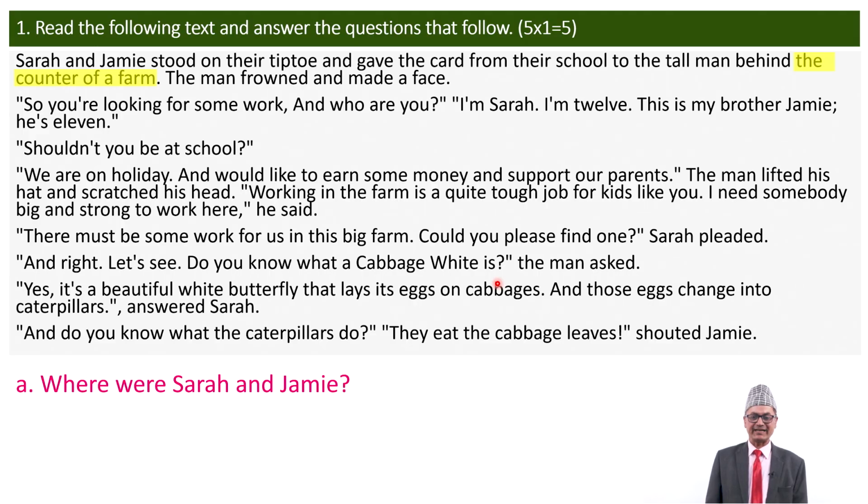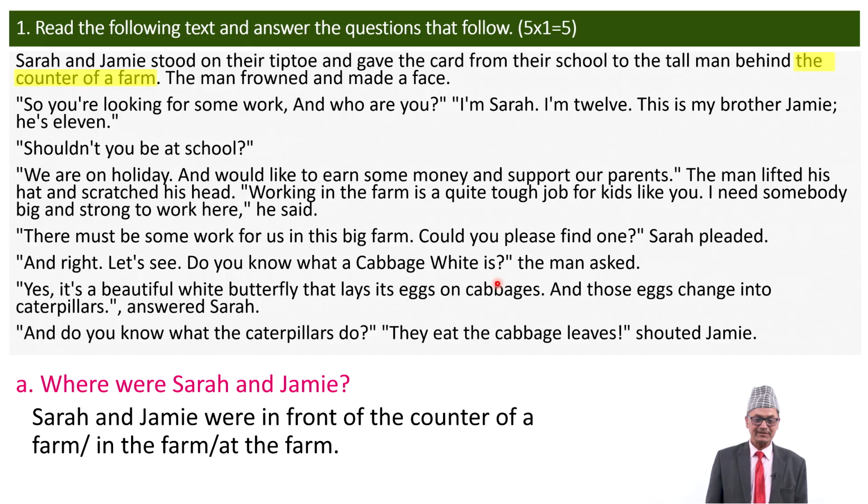So if you read the whole sentence, go there and see. Sarah and Jamie stood on tiptoe and gave the card from the school to the tall man behind the counter of a farm. So what's the answer? They were behind the counter of a farm, or they were in the counter in the farm, whatever you write.